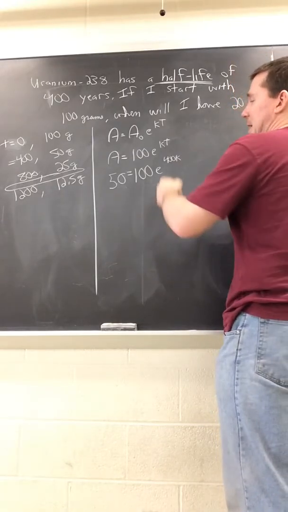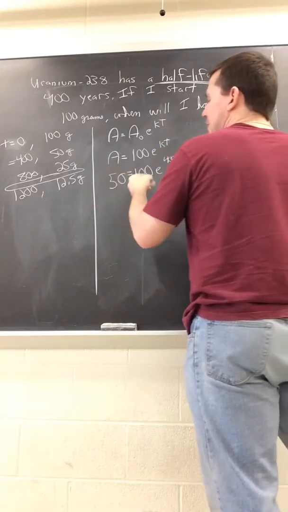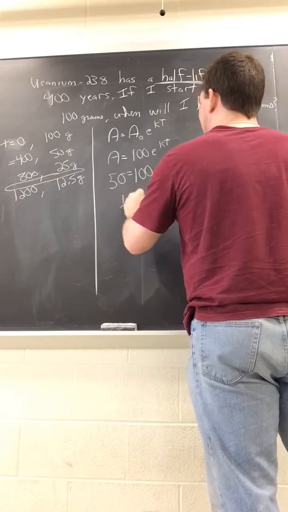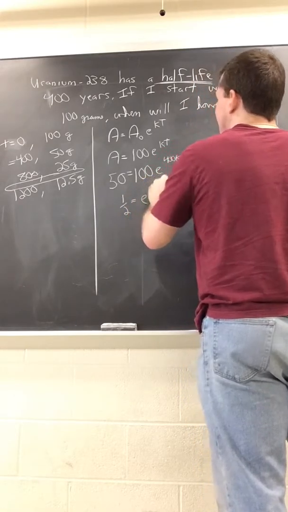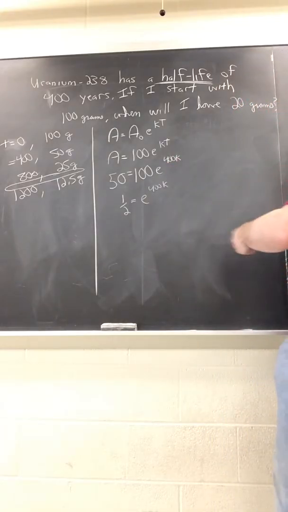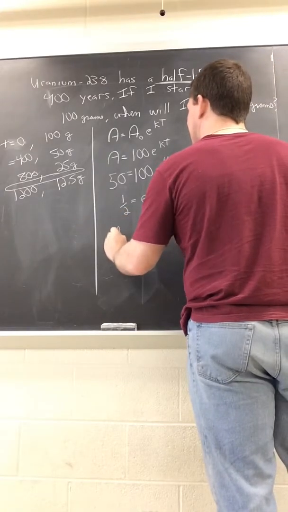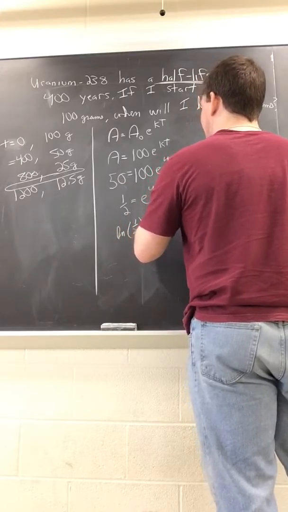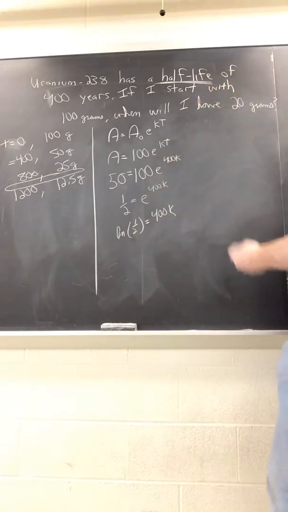Do all the algebra just like we did last time. Divide by 100. 50 divided by 100 is a half. A half equals e to the 400k. Now, how do I bring down the power? Take the natural log of both sides. ln of 1/2 equals 400k. And then divide by 400.